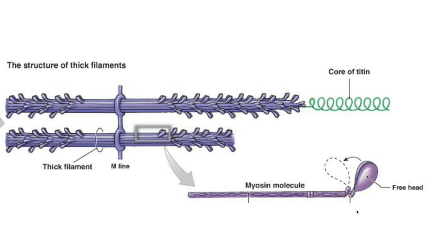They look sort of like a golf club. The myosin head, this is what binds to actin, and it rotates or pivots to cause contraction. And if you want to learn more about those individual proteins, again, go to that interactive physiology disc.